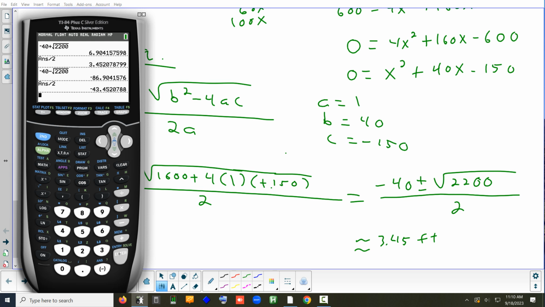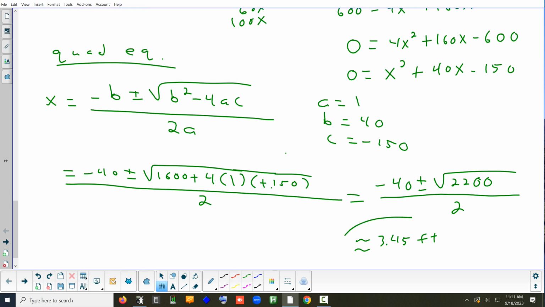Negative 43.45. Now what are we trying to find here? x, which is the width of the sidewalk. So what do you think about this number? Would it be negative? Yeah, you can't have negatives. So what that means is that the negative number is a solution to this equation algebraically. But it doesn't make sense in the word problem because negative values don't apply. So really, the only answer we get is 3.45 feet.